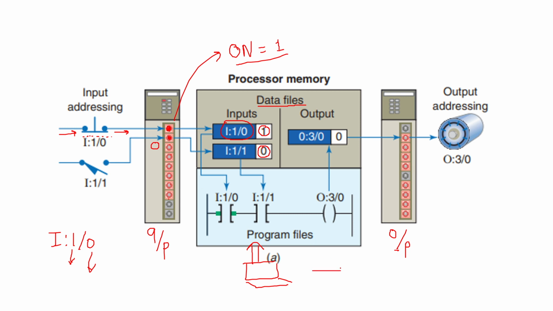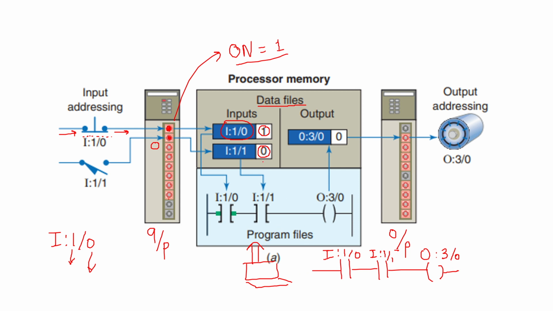So I connect this normally open contact and another normally open contact with the output O:3/0. This is the third module, so O:3/0, and the addresses of these are I:1/0 and I:1/1.